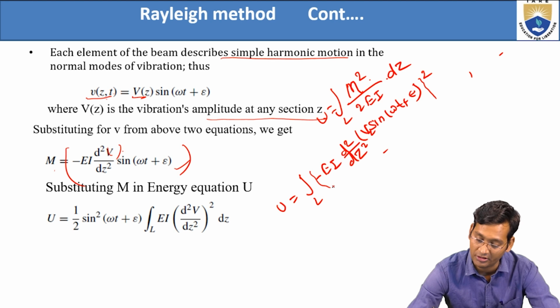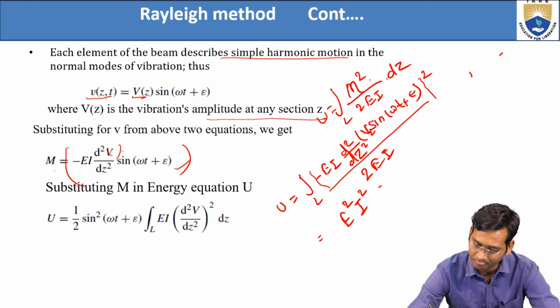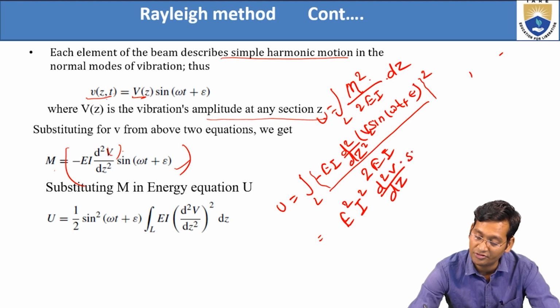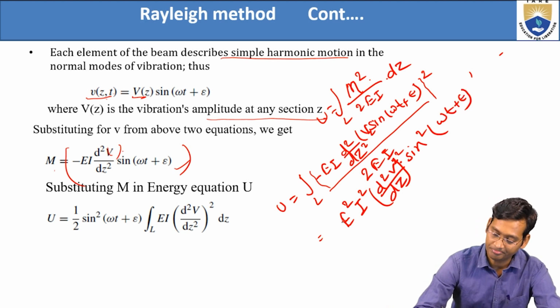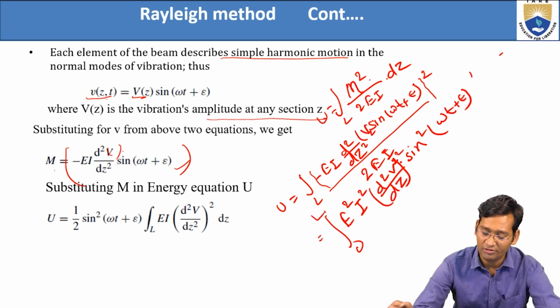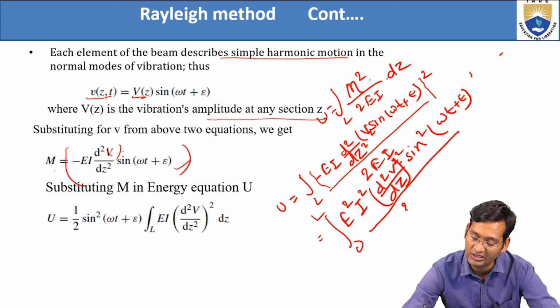Once we take the square of that, divided by 2EI, what do we get? EI squared, so this becomes two positive, E square I square, then d2V by dz square, the whole square, into sine square omega t plus epsilon, integrated from 0 to L. Now let's see what is constant here, divided by 2EI. EI, 2 is there, one EI cancels.